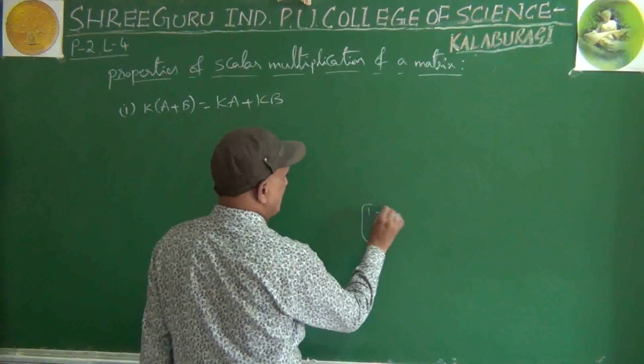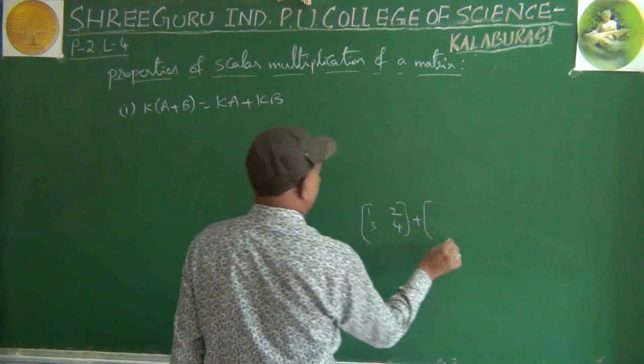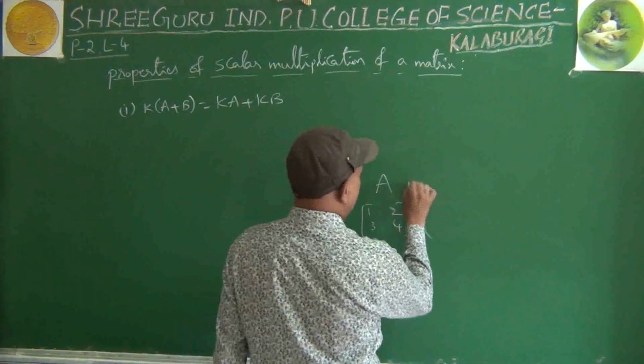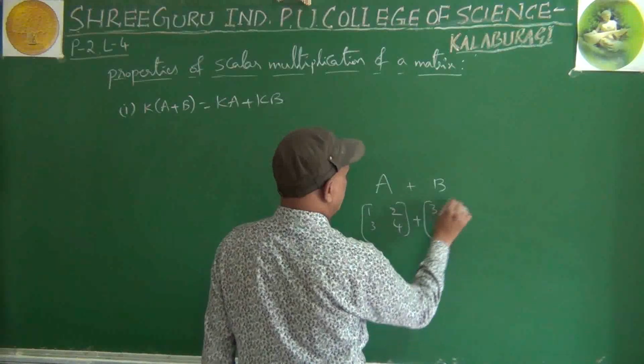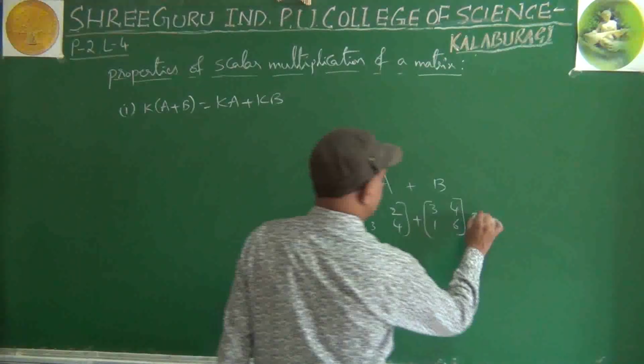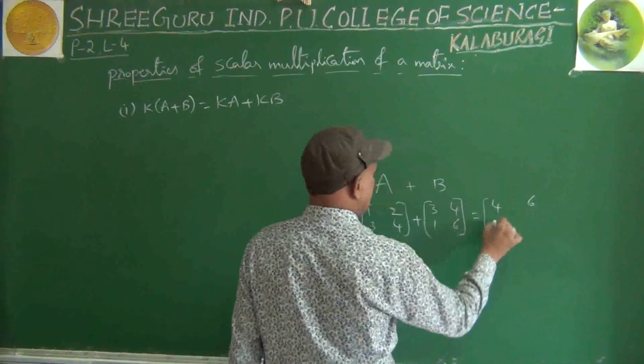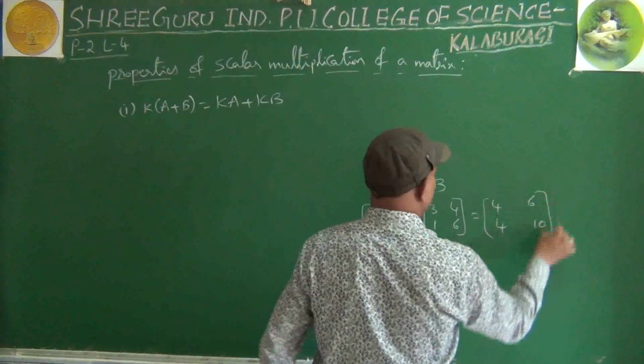A is 1, 2, 3, 4, and B is 3, 4, 1, 6. Let us see what answer we get. 1 plus 3, 4. 2 plus 4, 6. 3 plus 1, 4. 4 plus 6, 10.